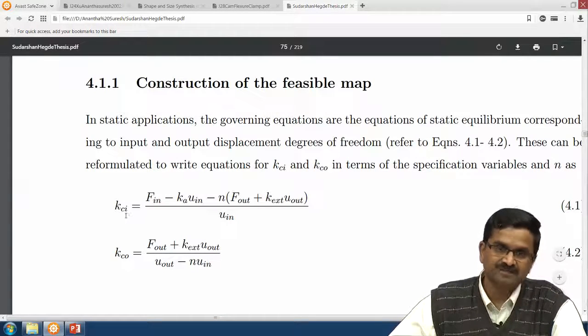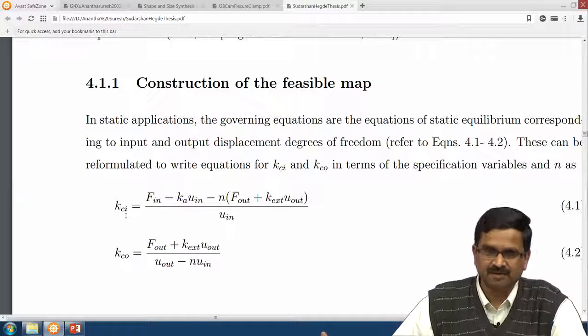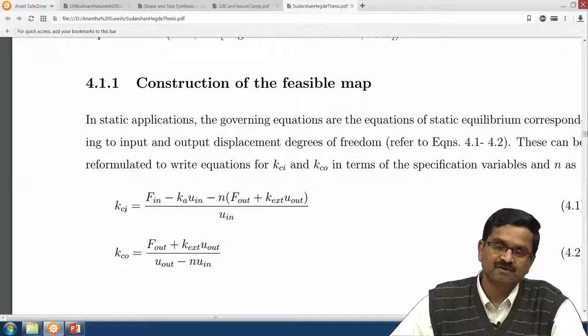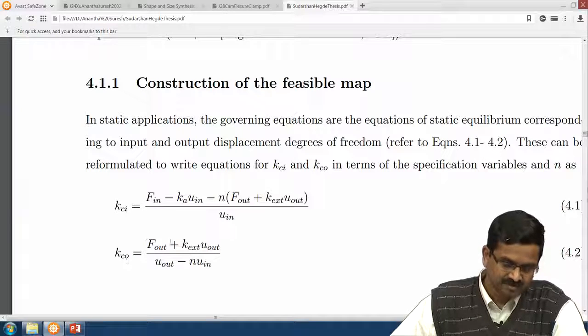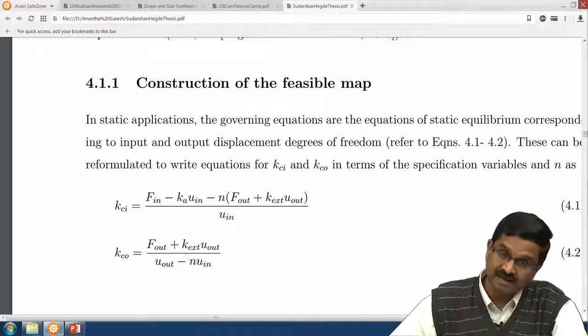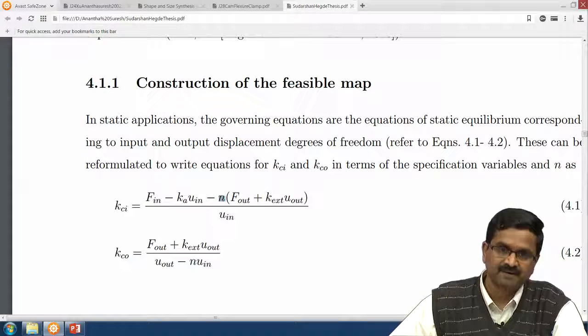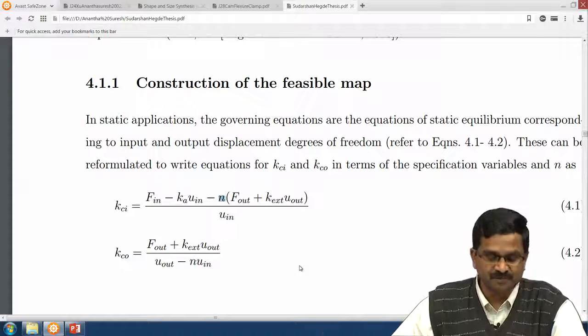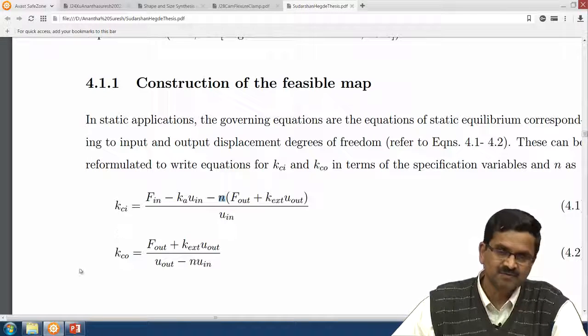If you want to get a range, the first thing to know is the minimum value and the maximum value of KCI, but then n is inside, which is also an unknown here. For KCO, we have F out and K external, U out and U in, and n again is there. So, n is here and n is there, and that is what makes it difficult, because we do not know the range of n; we have to derive the feasible ranges of KCI, KCO and n.